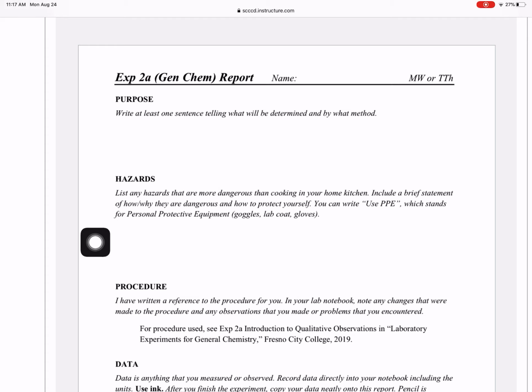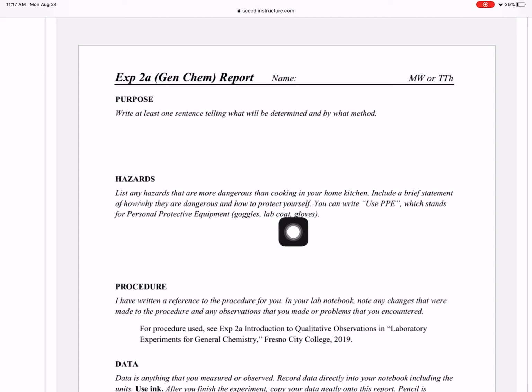And hazards. The previous experiment didn't have any hazards. This one has several. We're going to make a list of any hazards that are more dangerous than cooking in your home kitchen. We want to include a brief statement of how or why they're dangerous and how to protect yourself. So the short way of the protection thing is you can use PPE.